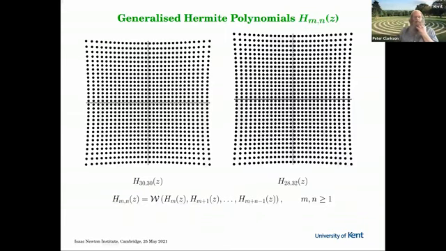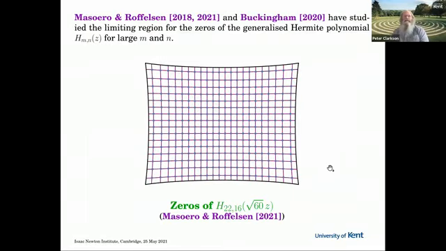Now, for these generalized Hermite polynomials, if you plot the roots, they're in the form of squares or rectangles. So square if m equals n, and a rectangle otherwise. And so again, these have curved edges, and there's been some recent work on trying to understand the region in which they actually lie. In particular, Buckingham and Ruffelson have studied the limiting regions for these zeros.